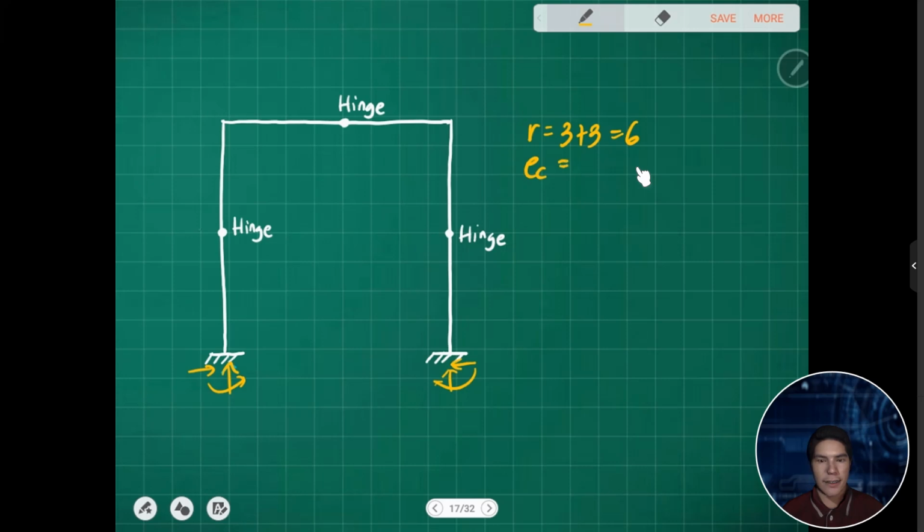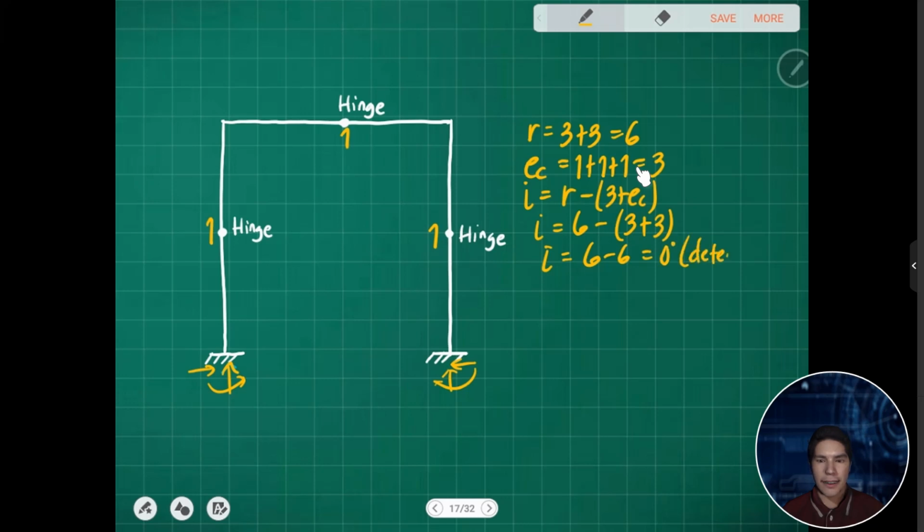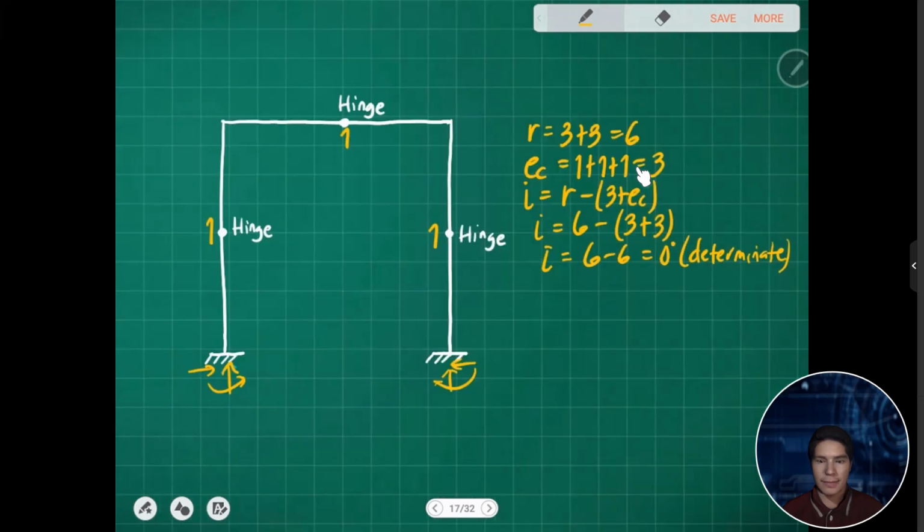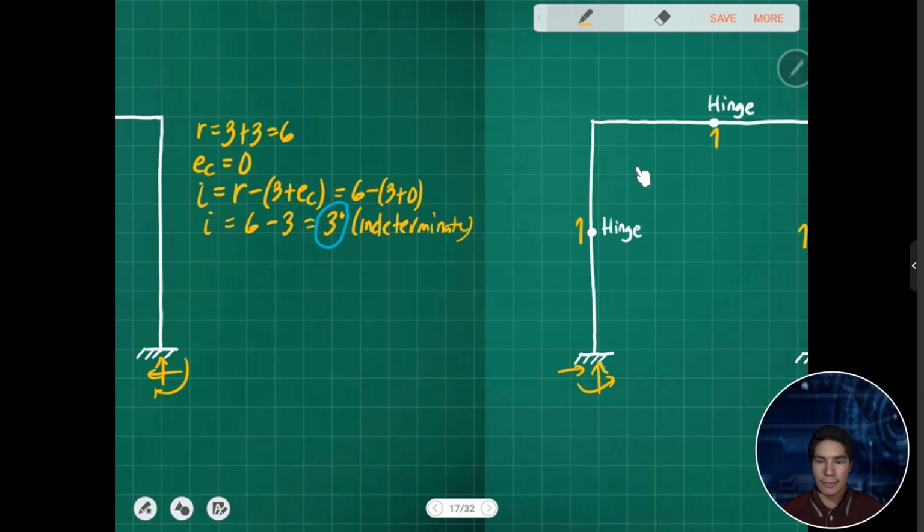For the condition equations, we have 1 for each internal hinge, so we have 3 internal hinges, a total of 3. So the degree of indeterminacy is r minus 3 plus EC. So we have 6 minus 3 plus 3. So I is 6 minus 6, so that is 0 degree, determinate. So it means that this frame system can be analyzed using equilibrium equations. Okay? So that's one way to do it.